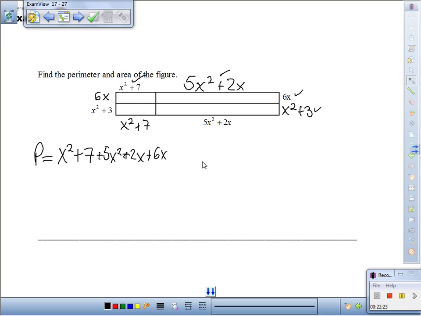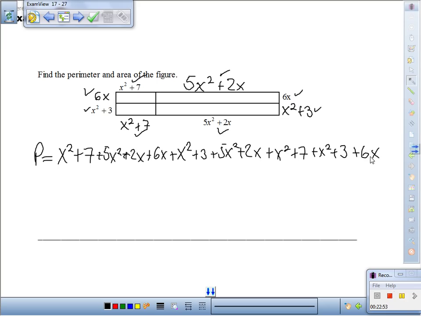What is the next one? Plus x squared plus 3. What is the next one? Plus 5x squared plus 2x. What is the next one? Plus x squared plus 7. What is my next one? Plus x squared plus 3. And my last one is plus 6x.